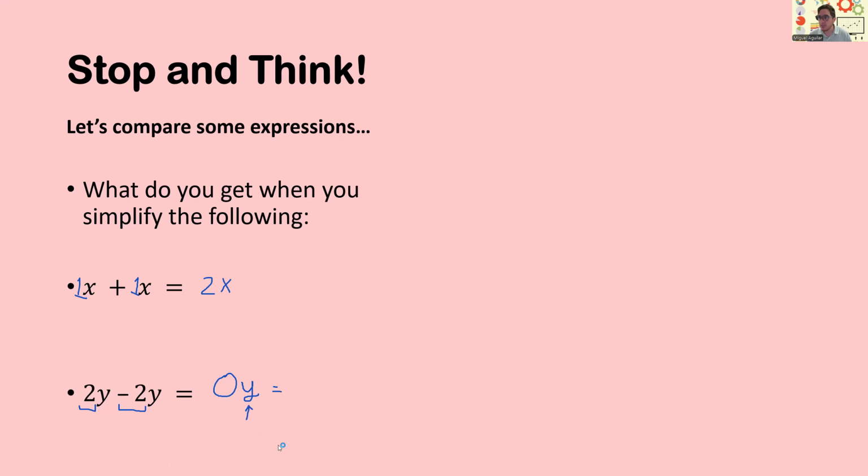We don't know its value, but I know that if I multiply that by 0, my answer should just be 0. Okay? So your final answer here should just be 0. 0y would be acceptable, but to really simplify it, it's just the number 0. Does anybody have any questions? Does that make sense?